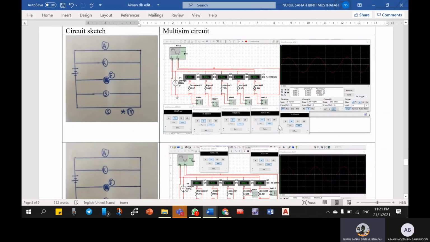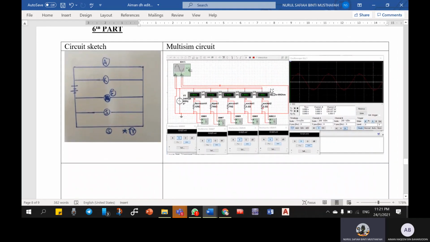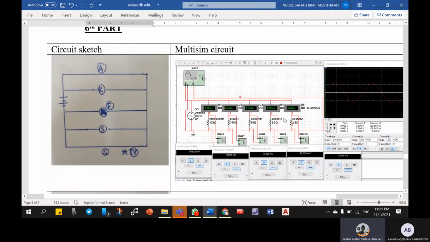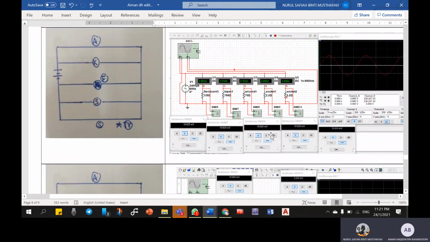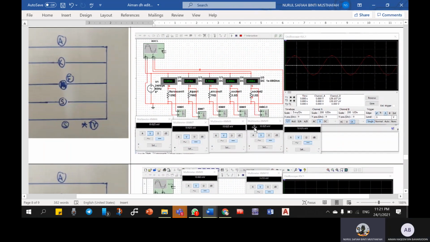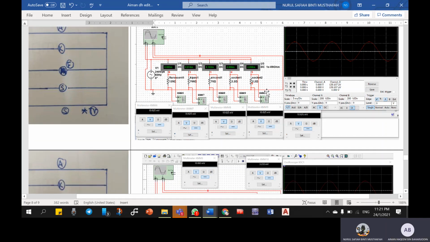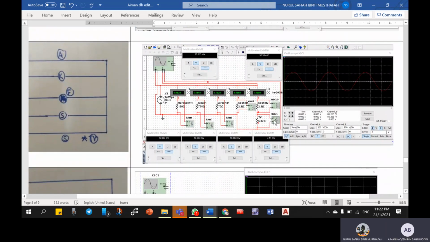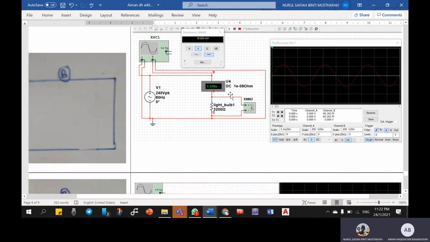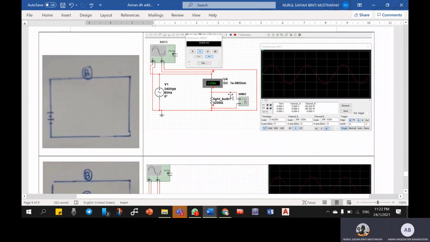In the Multisim circuit, we found the value of the current is about the same through each part of the parallel circuit, in every circuit.